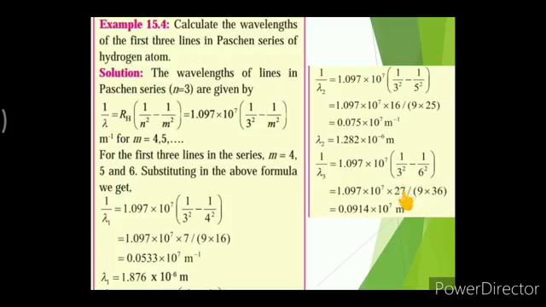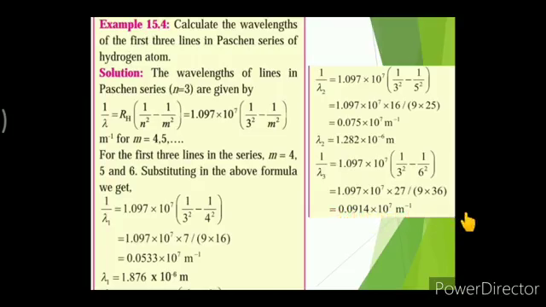On solving this bracket, we are getting 27 upon 9 into 36, which would be multiplied with 1.097 into 10 raised to 7. And on solving this, we are getting the value of 1 upon lambda 3 as 0.0914 into 10 raised to 7 per meter.